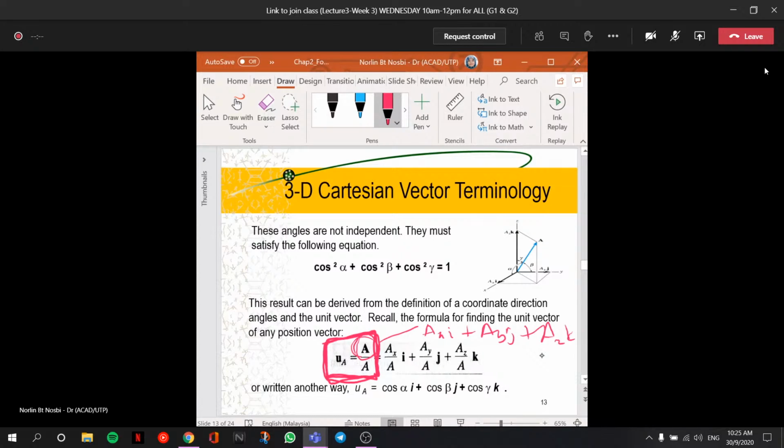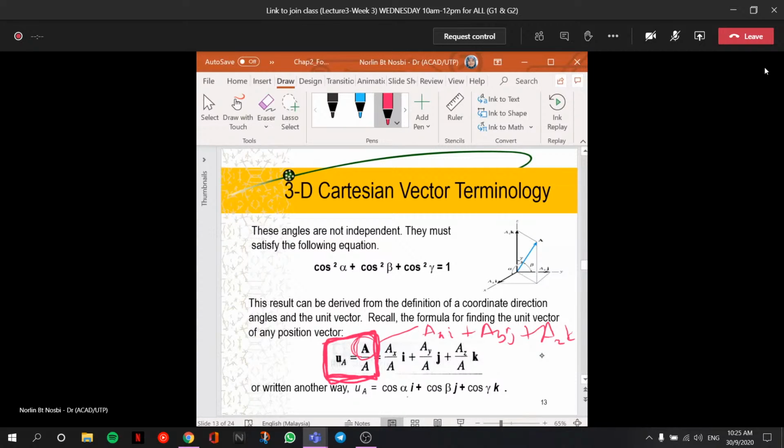Or you can write it in another way, which is cos alpha I, because Ax over A is equal to cos alpha. Have you noticed it?